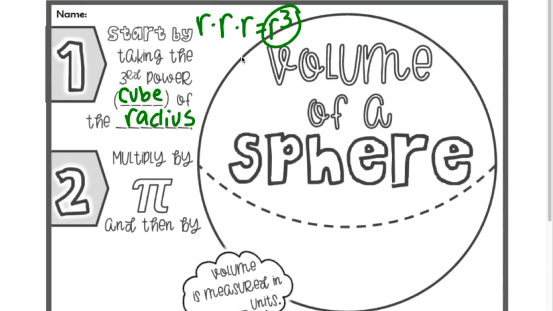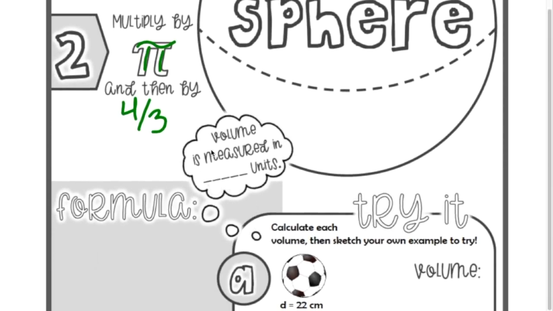So cubing something is multiplying it 3 times. Then you are going to multiply that radius cubed by pi. And then you are going to multiply it by 4/3. When we come up with this formula, in the end, volume always needs to be in cubic units.